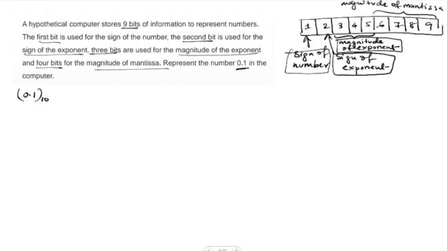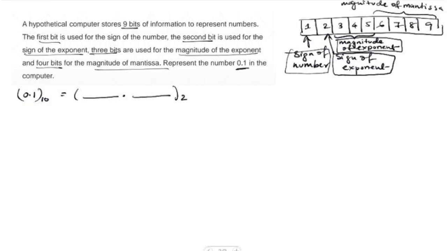So we have to represent this in floating point representation. We have to represent this as a number: for the whole part we have something, then we have the radix point, then for the fractional part we have some binary number in base 2, and then we will have the power, but let's not talk about the power now.